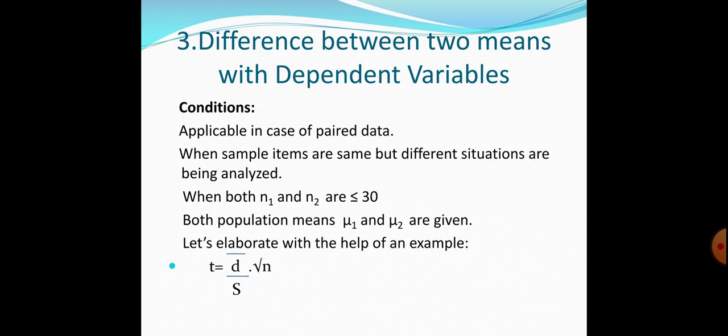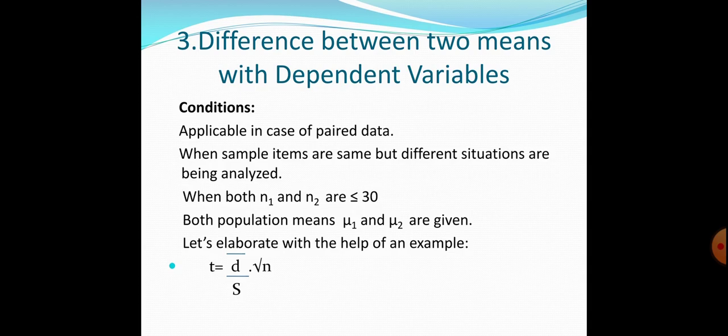This is a paired t-test in which the sample is considered dependent because a single sample is tested twice, that is before and after situations. So dependent variables are there, but we are testing two times, so two means.